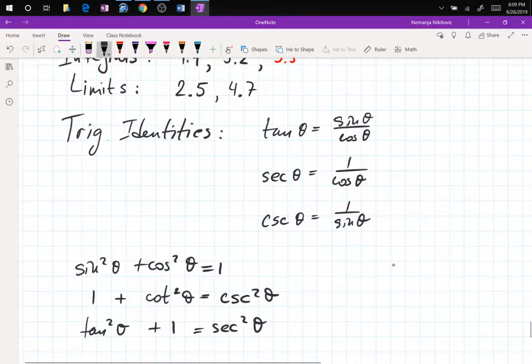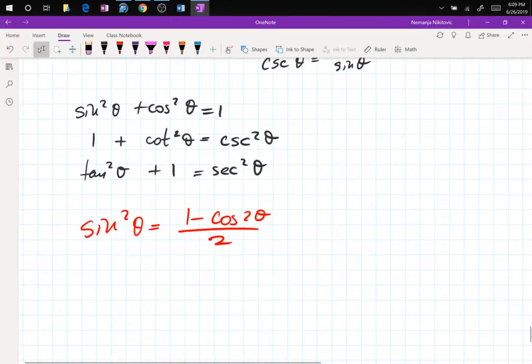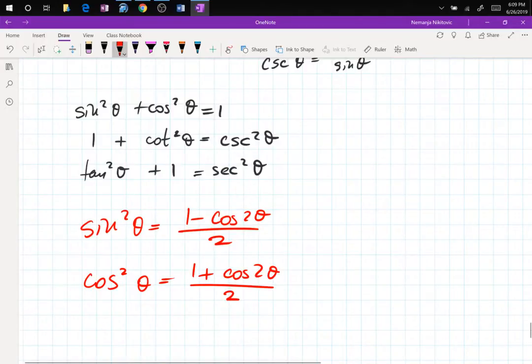And finally, I have 4 formulas to go, but first, power reducing formulas. These are extremely important. Sine squared theta is 1 minus cosine 2 theta over 2, and cosine squared theta is 1 plus cosine 2 theta over 2.